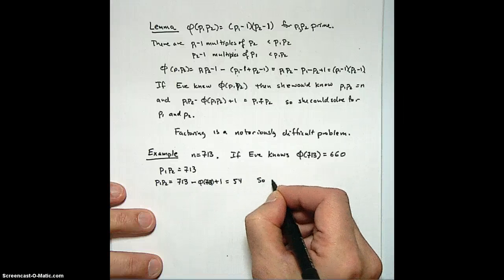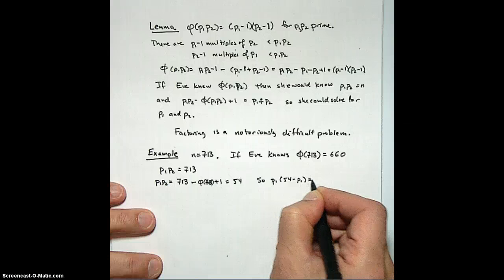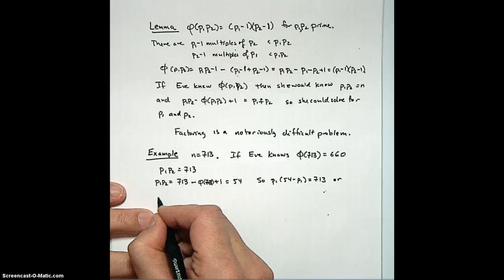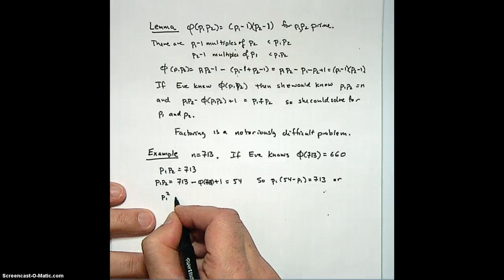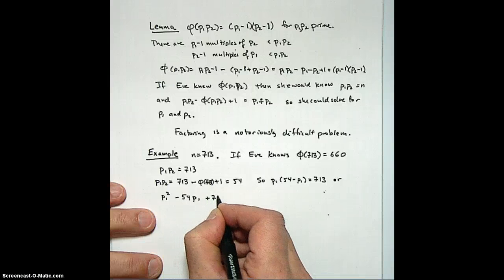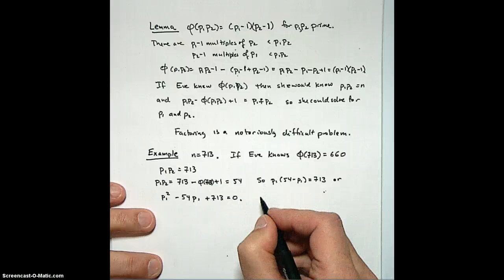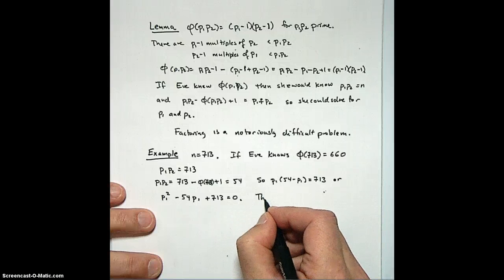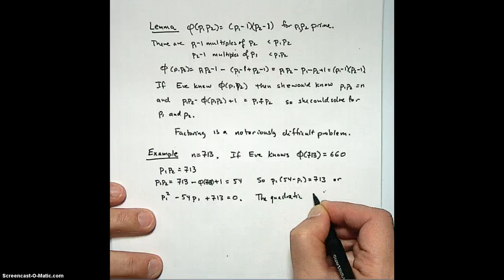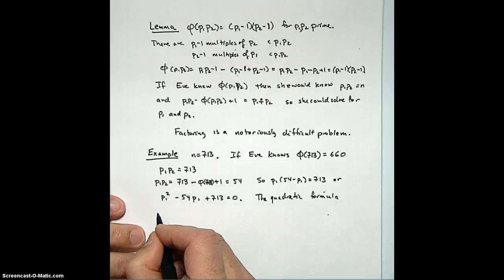So p1 times (54 minus p1) equals 713, or p1 squared minus 54 p1 plus 713 equals 0. All right? And the quadratic formula or factoring tells us what p1 is.